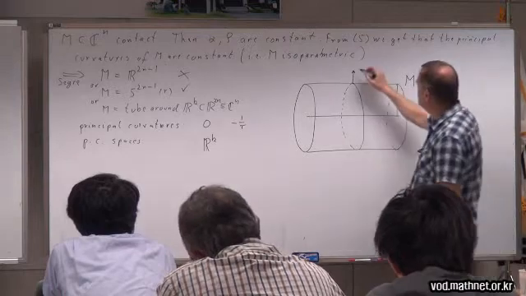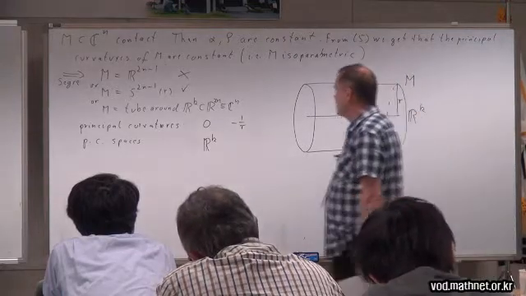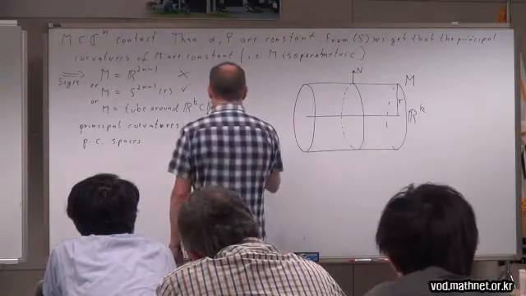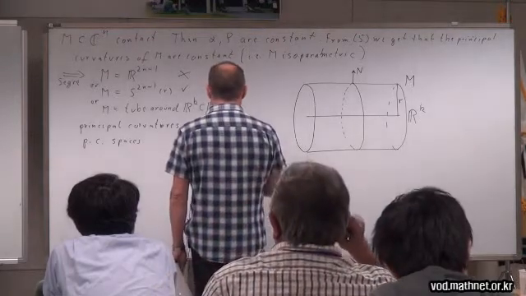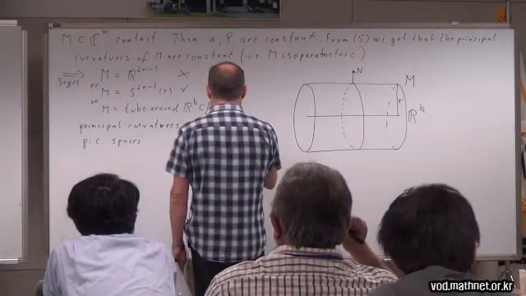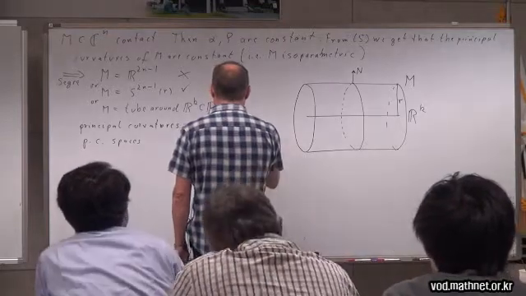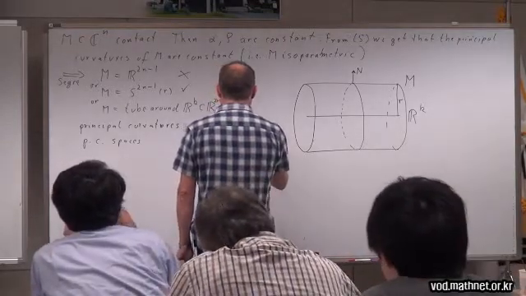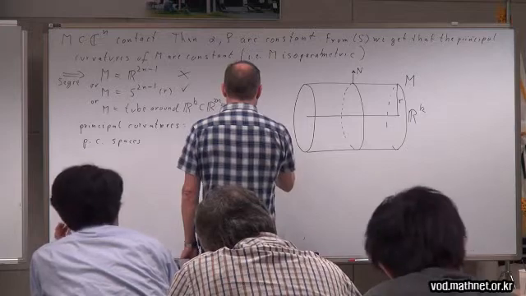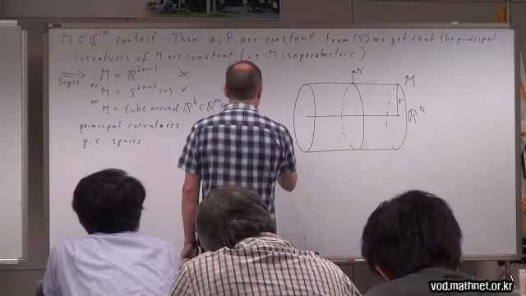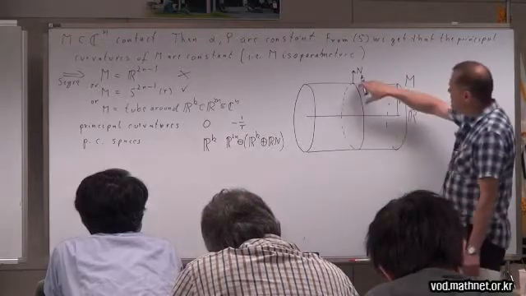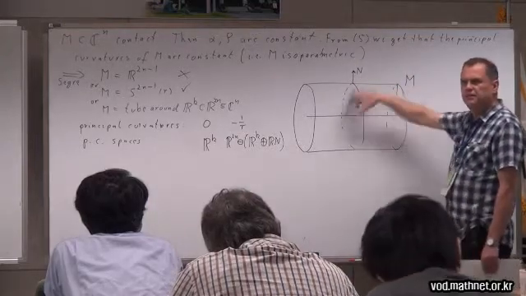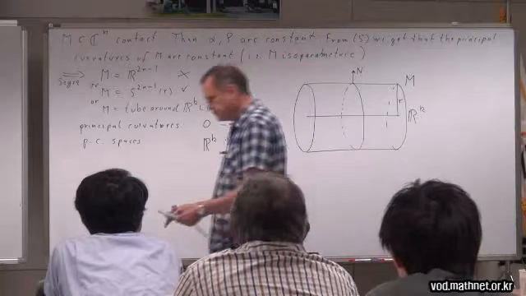So if we denote this normal vector n, how do I write this? Maybe that'll be R2n minus Rk plus Rn. So that's the tangent space of this sphere here.